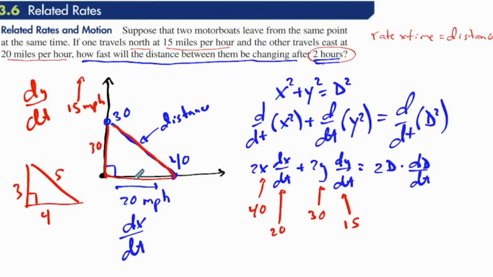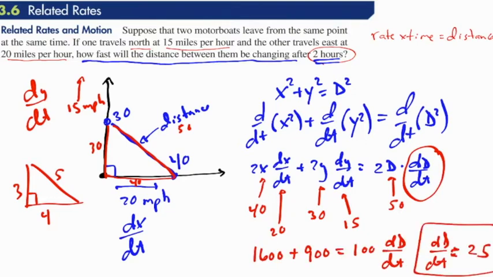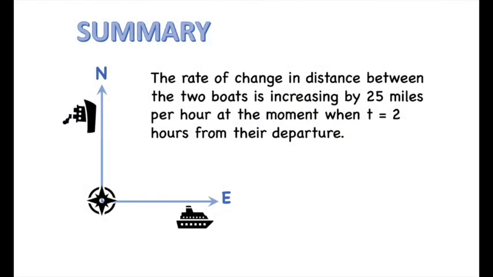So a 30-40 right triangle will give us a distance of 50. And now we have everything filled out and just one unknown, and we can evaluate this. So by plugging in and evaluating, you should be able to find that dD/dt is 25. The boats are getting 25 miles further apart with each hour that passes at that moment in time.